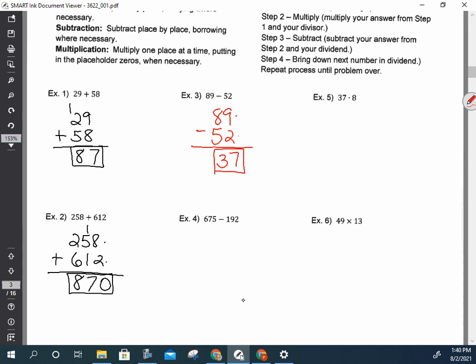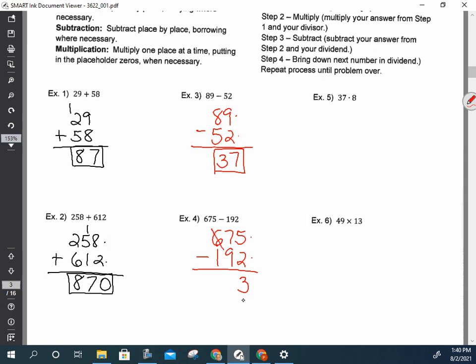Another example, 675 minus 192. Again, if we start from the right, 5 minus 2 gives you 3. Now, I can't take 9 from 7, so now I have to borrow.